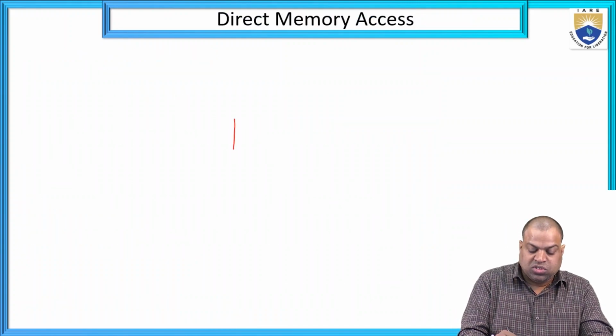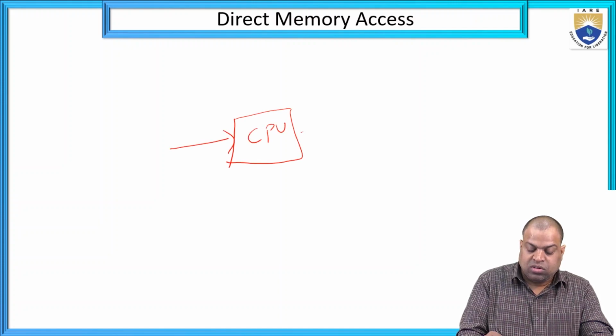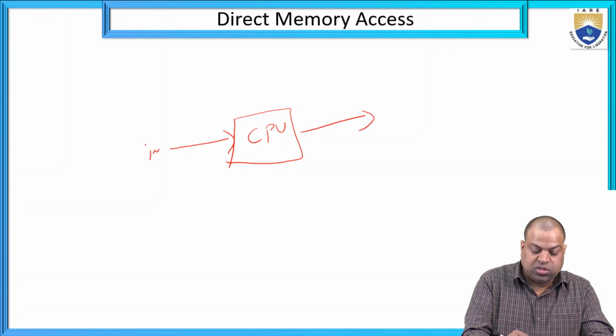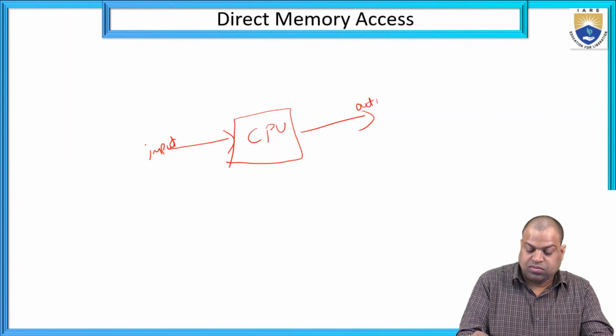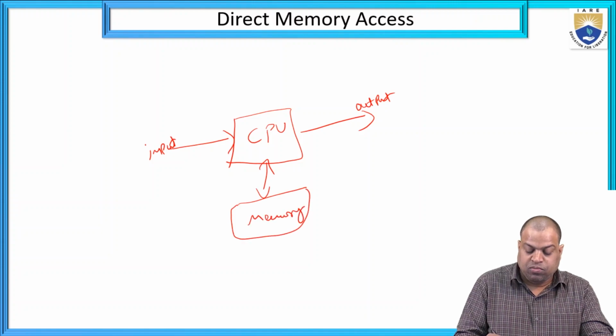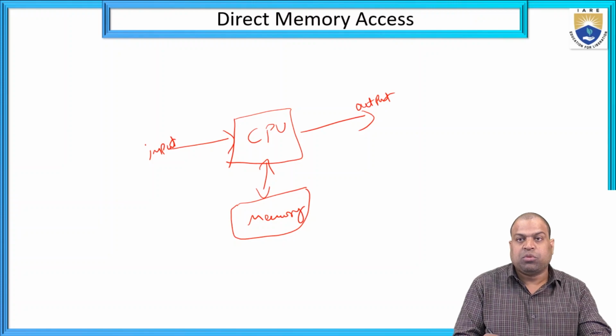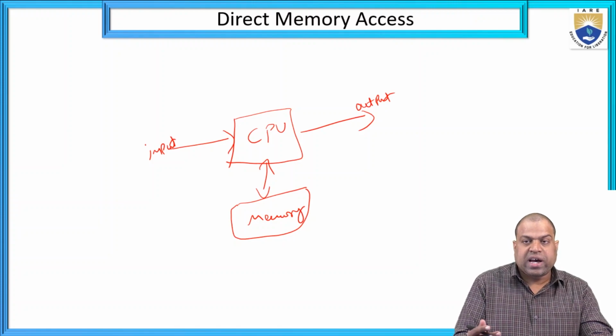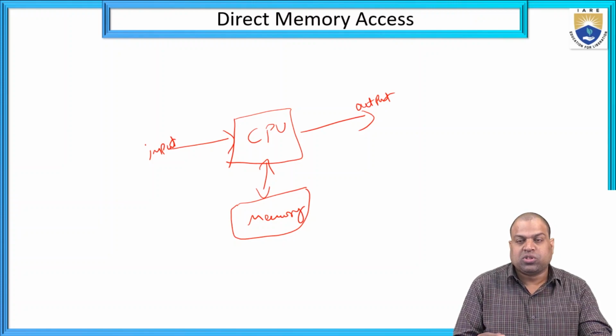Suppose I am taking one CPU, we are connecting inputs and outputs. For the CPU, we need a memory. Without memory, we can't do anything. So, the CPU is interconnected with memory. Suppose I have so many inputs and so many outputs.